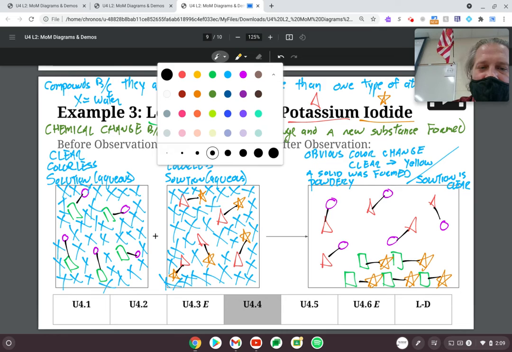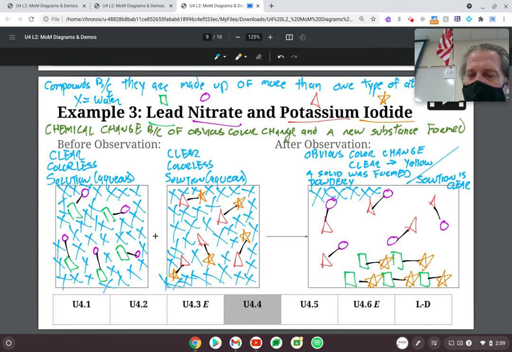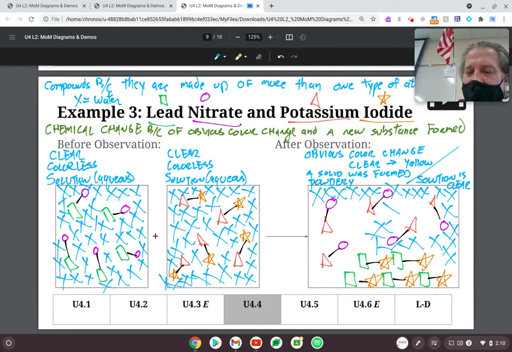And then because we had water at the beginning, we need to have water at the end. So we're going to surround the potassium nitrate particles with X's, indicating that they are dissolved in that water, creating this solution from before.